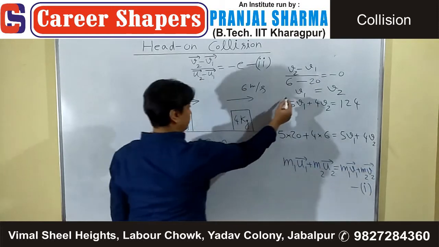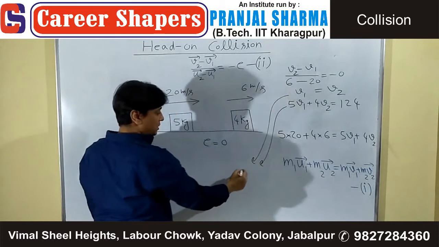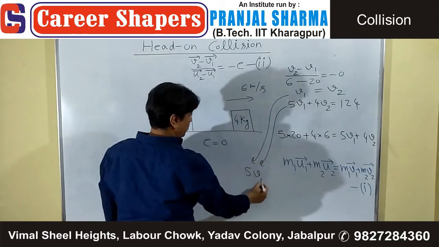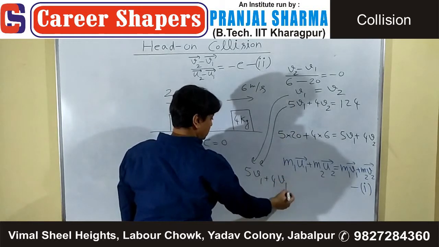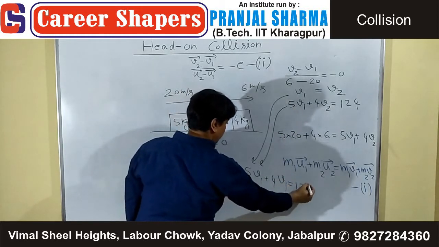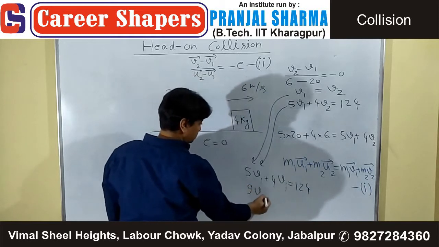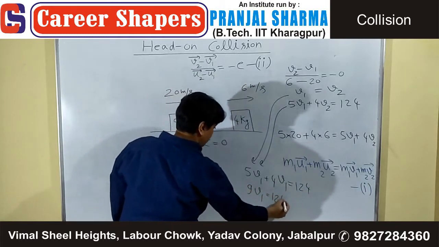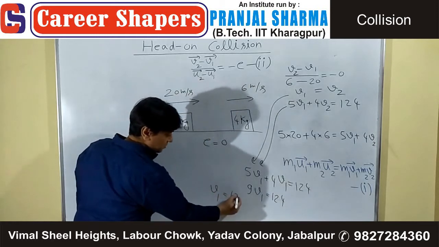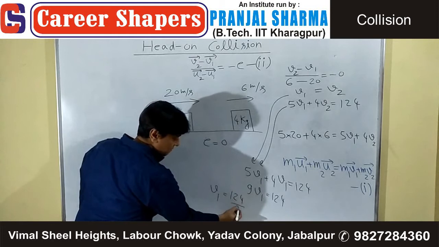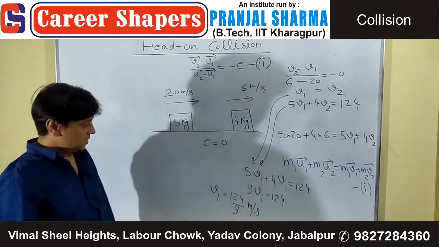With the help of this, we get 5V1 plus 4V1 equals 124. That gives us 9V1 as 124, or V1 is 124 divided by 9 meters per second.